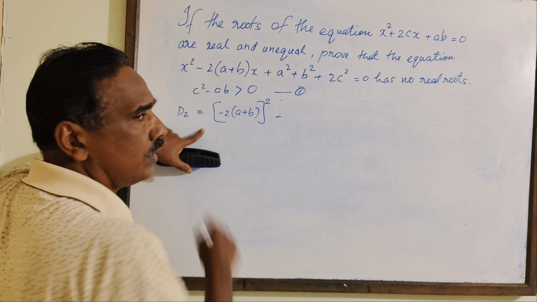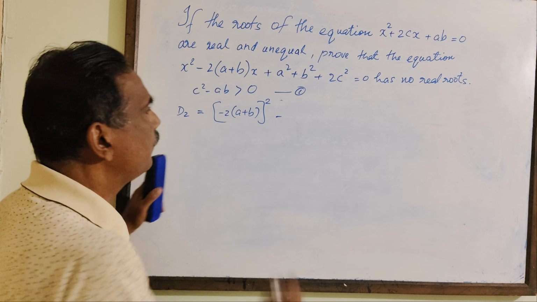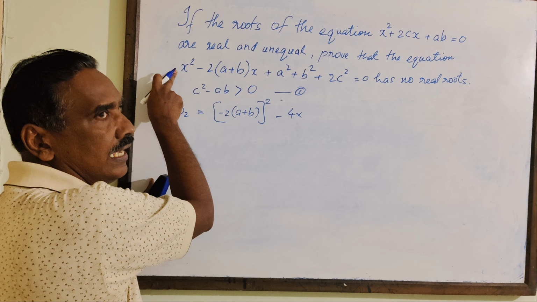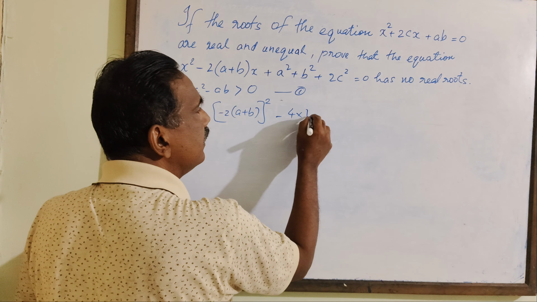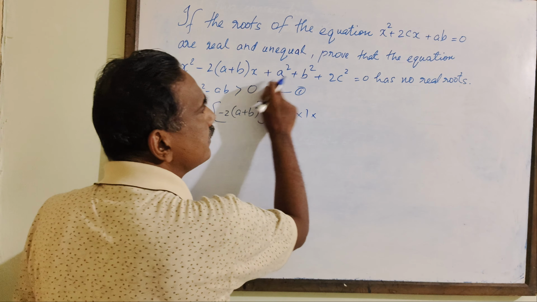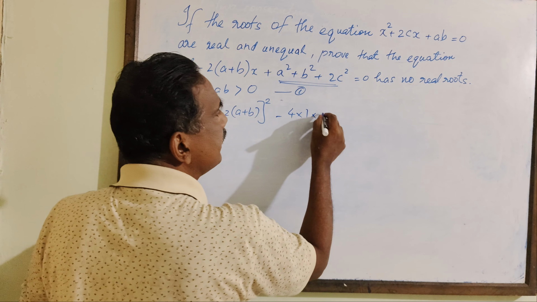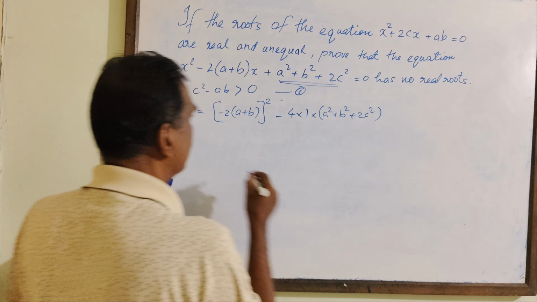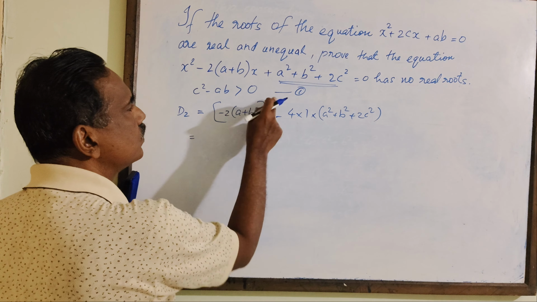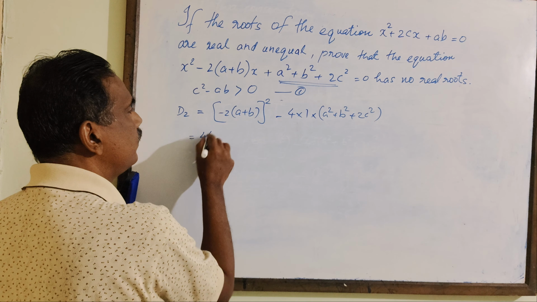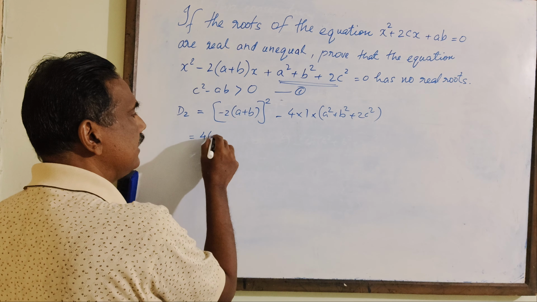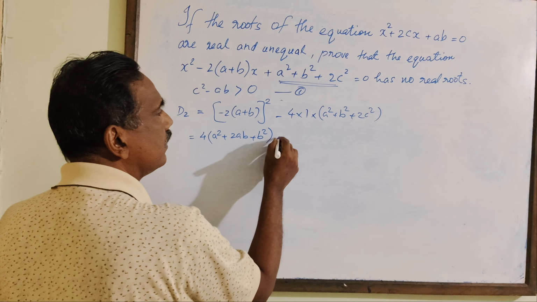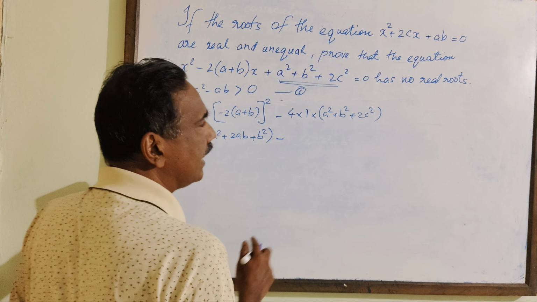b square is this one, minus 4ac, 4 into a's value. X square means 1x square, so a is 1, into what is c? This entire thing, that is a square plus b square plus 2c square. Now opening this, minus 2 square becomes 4 into (a plus b) whole square, that is a square plus 2ab plus b square, minus 4 into this bracket.